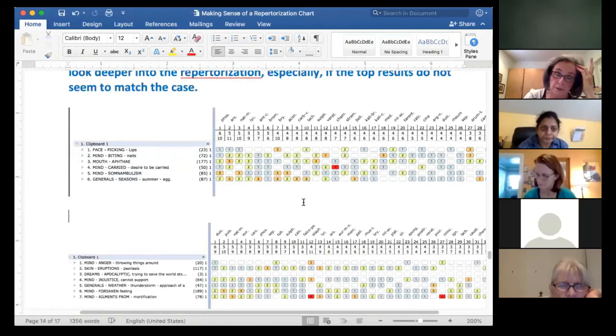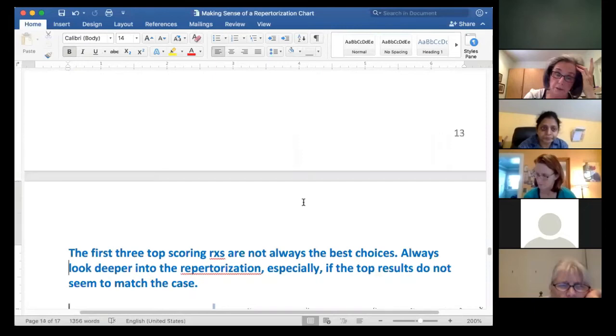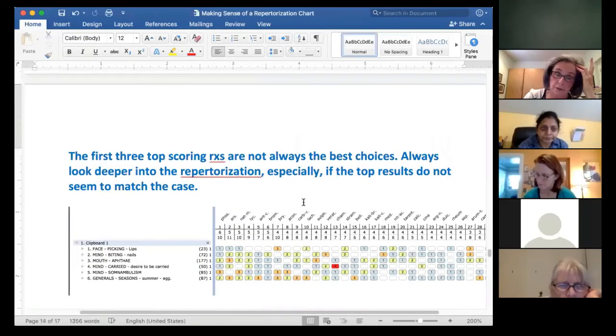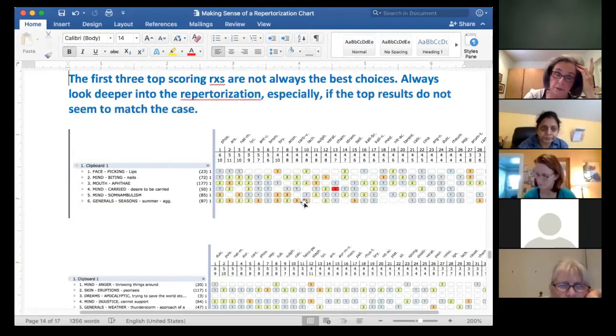Okay, so one of the things that we have to think about, when we get this, is that the first three top scoring remedies are not always the best choices. And I see it over and over again, that people do their repertorization, they think they've put in the perfect things, and the top three, it's got to be one of these top three.